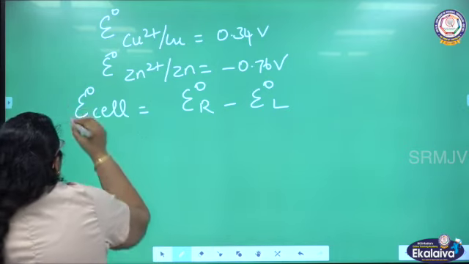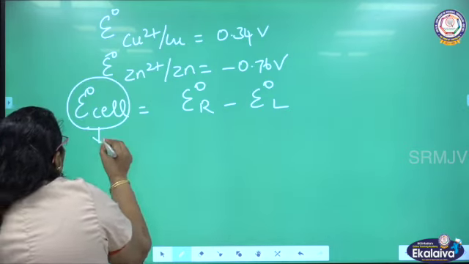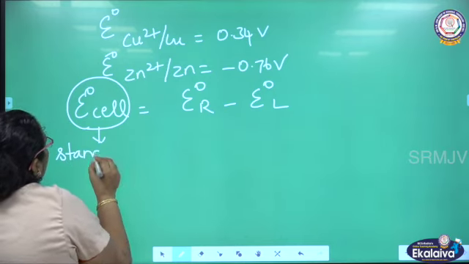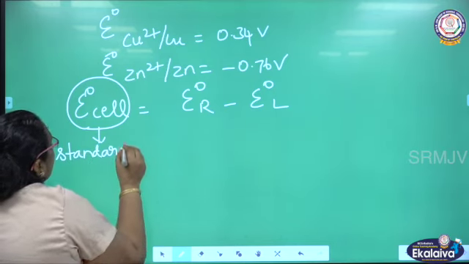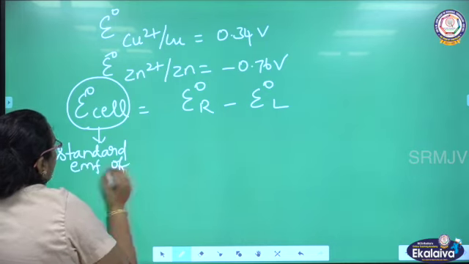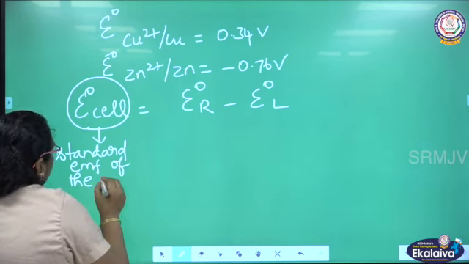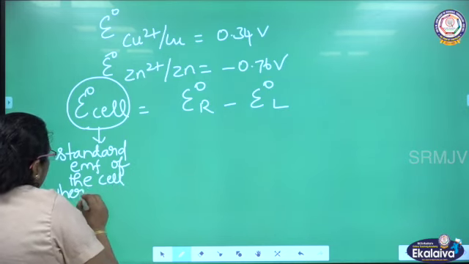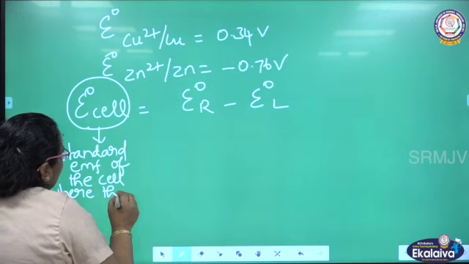What is this E naught cell? E naught cell is nothing but the standard EMF of the cell, where the concentrations are unity.